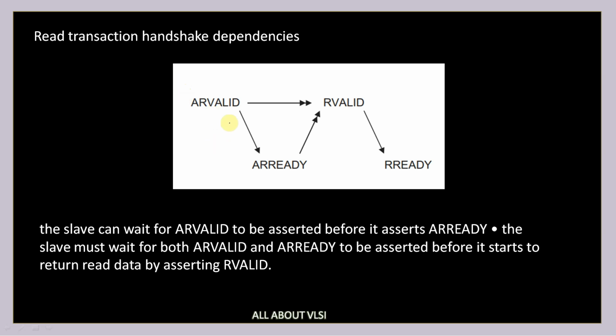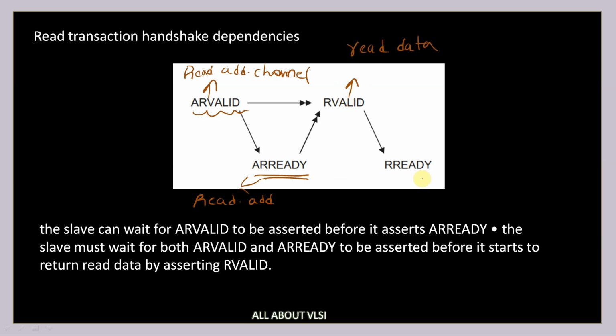We have an AR valid signal which belongs to the read address channel, and the signal known as AR ready, which also belongs to the read address channel, and the R valid signal which belongs to the read data channel, and the R ready signal which also belongs to the read data channel. Now what is the relation that we should follow here is your AR valid signal.